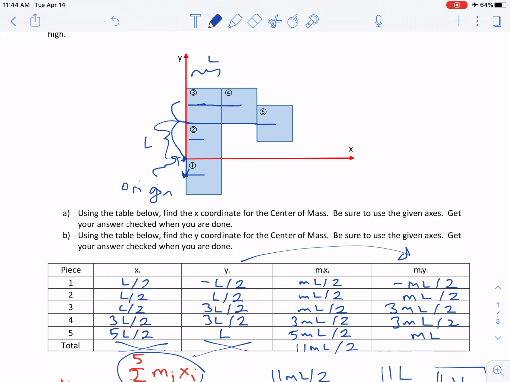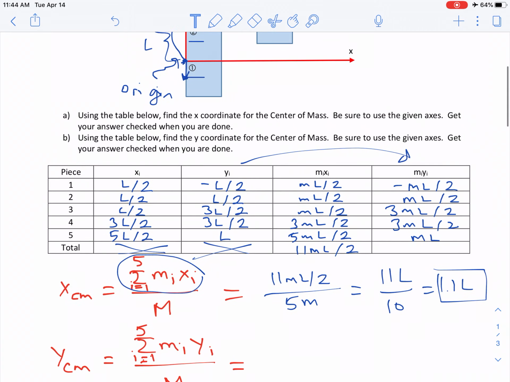We're going to add these up once more. And again, the first two will cancel out. The next two is gonna make 6 ml over 2. That is 3 ml. And you have one more piece, which is ml. When you add them up, you get 4 ml.